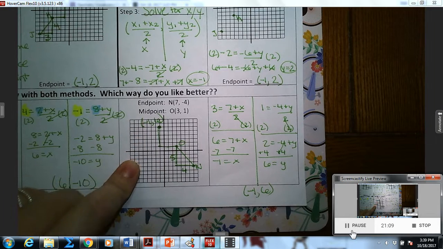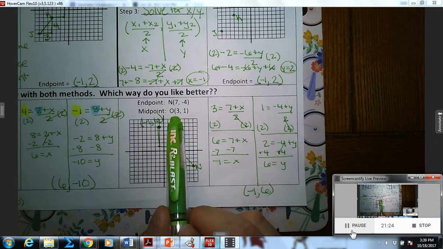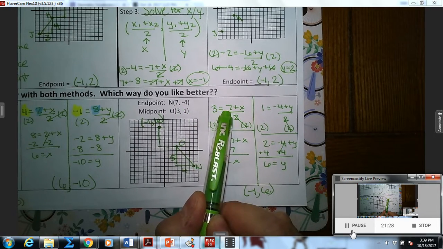This is a very visual way to do it. If that way doesn't speak to you, you don't understand this graphing method, then try the algebraic method. First, I set up two equations. The x equation used the 3 from the midpoint and the 7 from the endpoint.